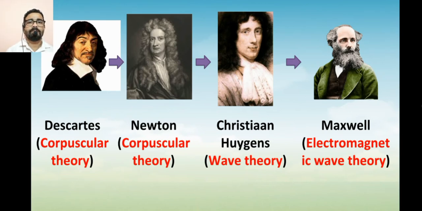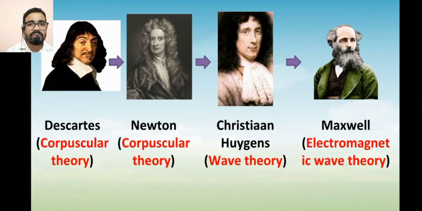Still, there were a lot of discoveries and work going on in the field of light, but later the scientists came to the conclusion that light has another nature, wave. Means light also travels in the form of a wave.